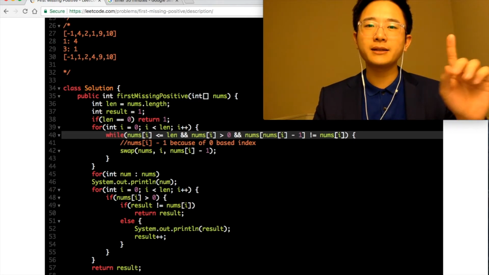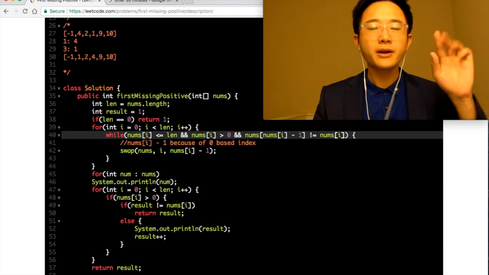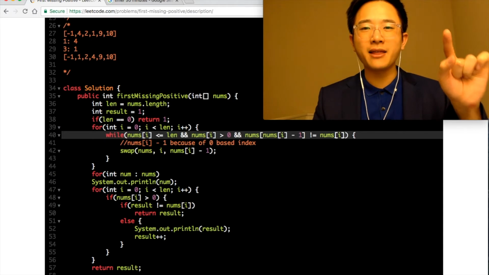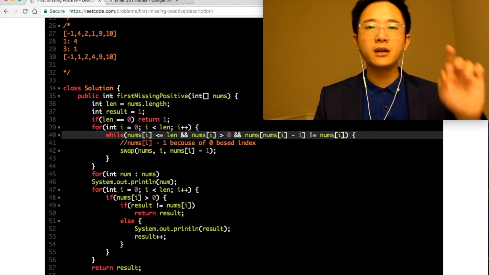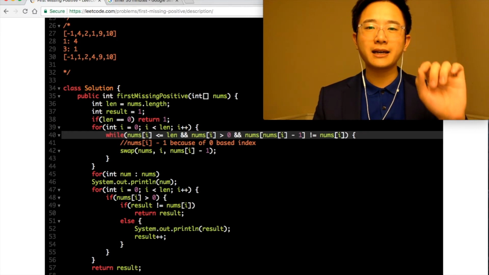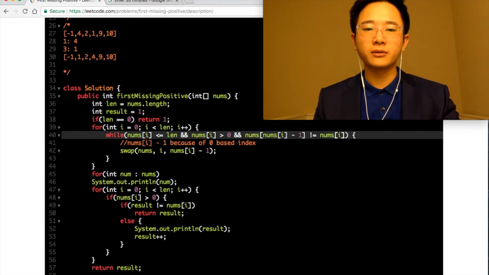So we'll keep swapping until 0 is at 0. 0 is at index 0 and 1 is at index 1. Okay.